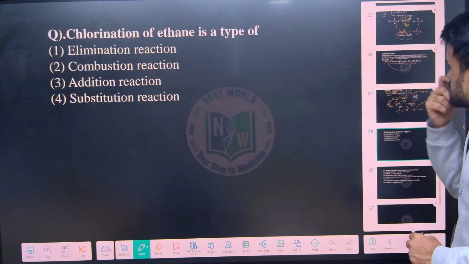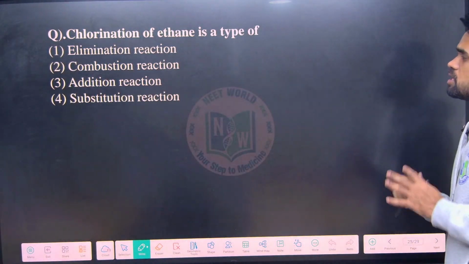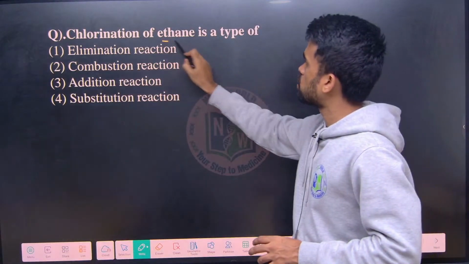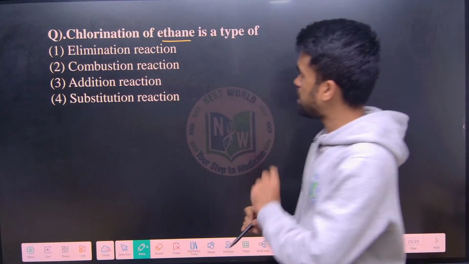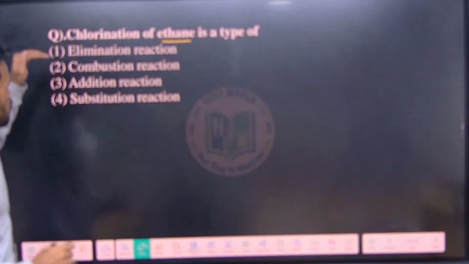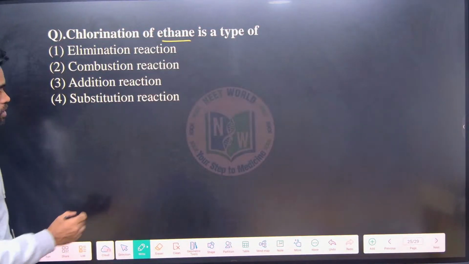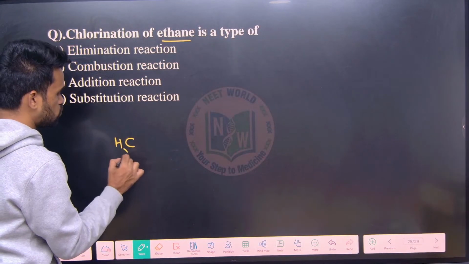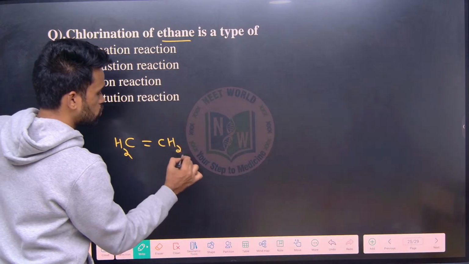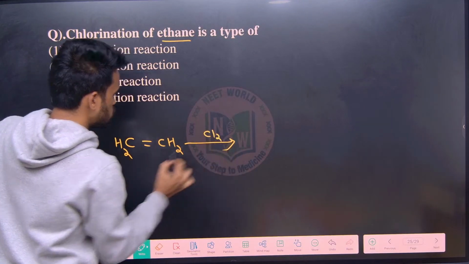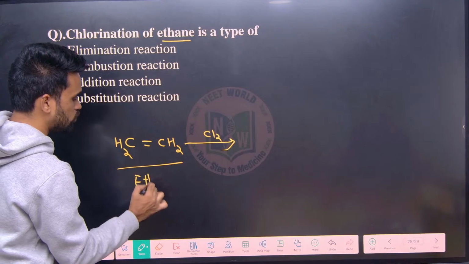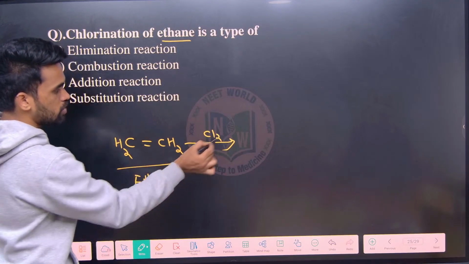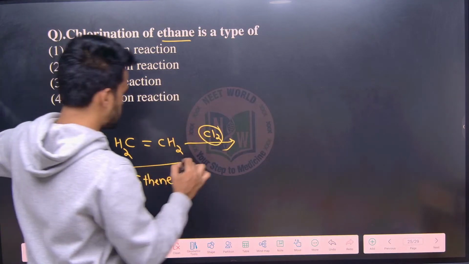Now look at this. Read the question once. Chlorination of ethane. Out of these reactions, I will show you some differences. CH2=CH2, you are adding chlorine. What is this called? This is ethene. To that you are adding Cl2.